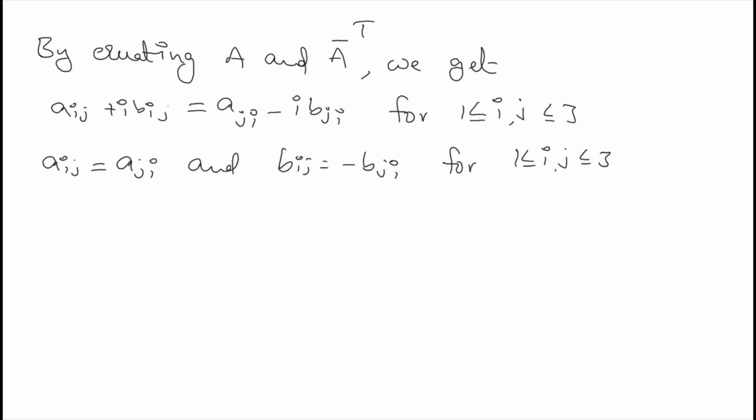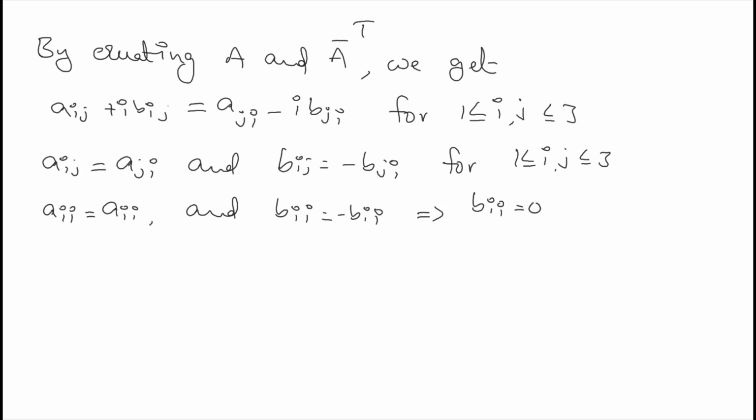In fact, for i equal to j we have Aii equal to Aii, but Bii equals minus Bii, which is possible only when Bii equals 0.